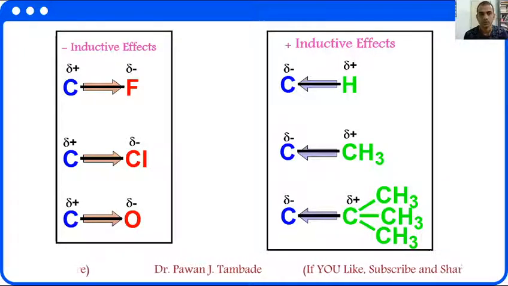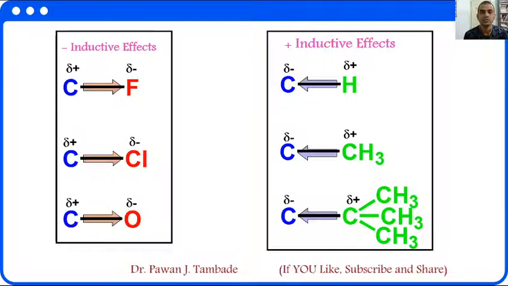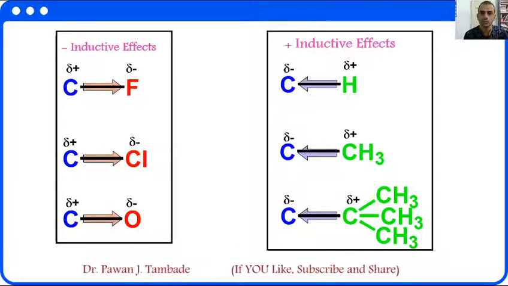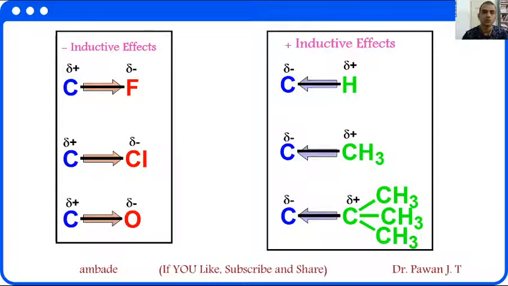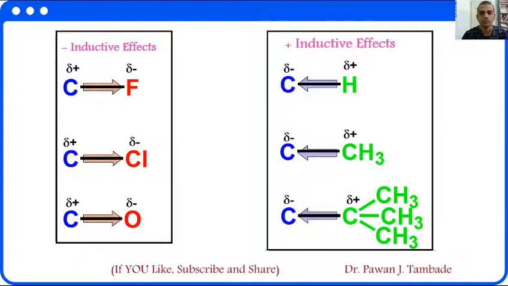In short, negative inductive effect is shown by more electronegative atoms or electron withdrawing groups, and positive inductive effect is shown by electron donating atoms or groups. So we will categorize these atoms or groups which show positive and negative inductive effects.